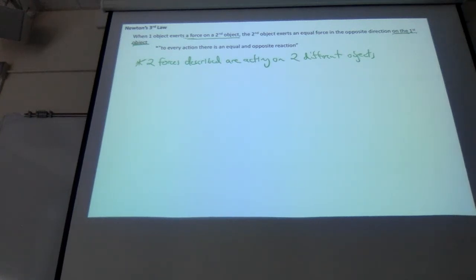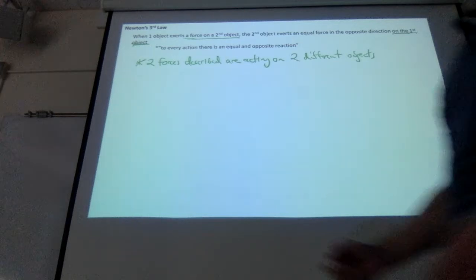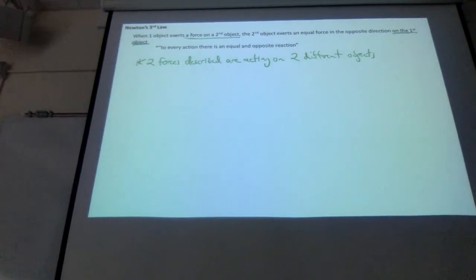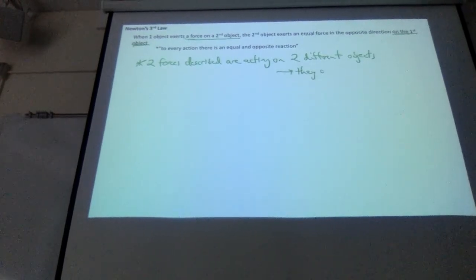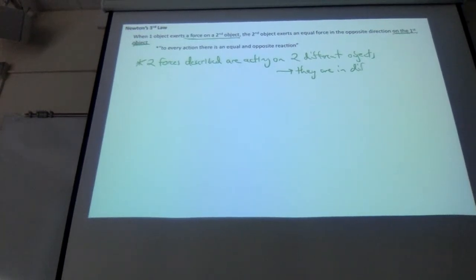It gets its own very nice free body diagram, which means that one of those forces will be in one free body diagram, and the other force will be in a completely separate free body diagram. Okay? So these two forces occur in different free body diagrams. They are in different FBDs, free body diagrams.